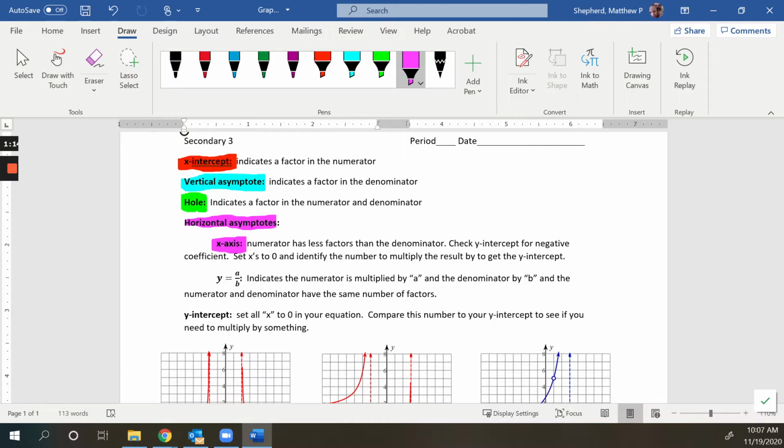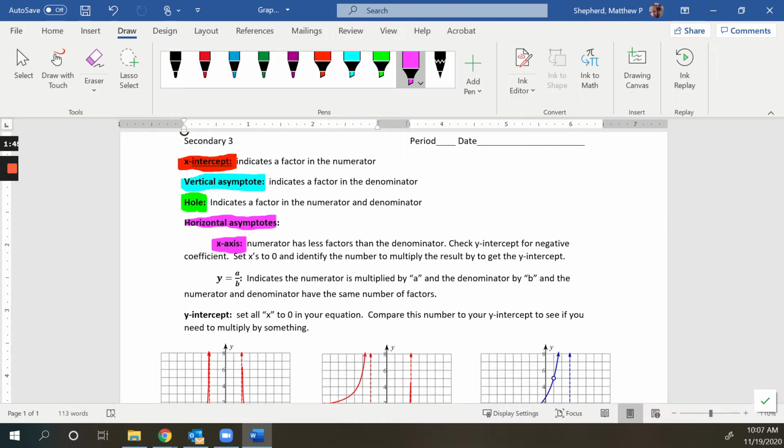What we're going to do with it is to check the y-intercept for a negative coefficient, or whatever the coefficients might be. So we're going to set our x's to 0 and identify what that would equal. And then we figure out what number that needs to be multiplied by to equal the actual y-intercept.